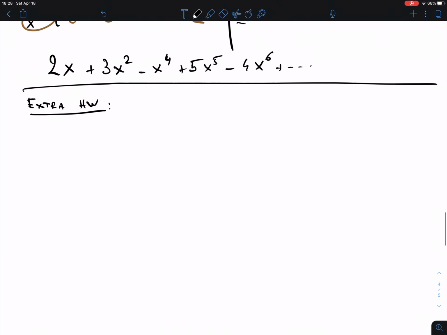Okay. So calculate here 1 plus 2x plus 4x squared plus 3x cubed plus x to the fifth plus x to the eighth.